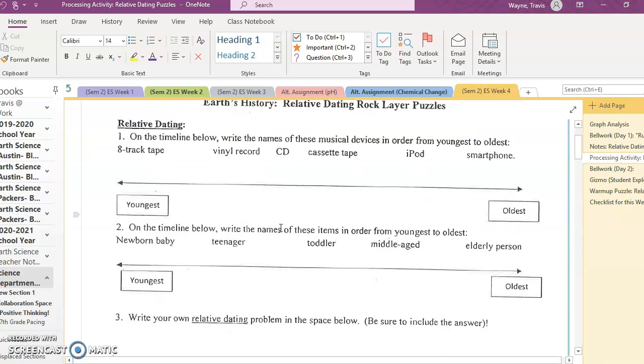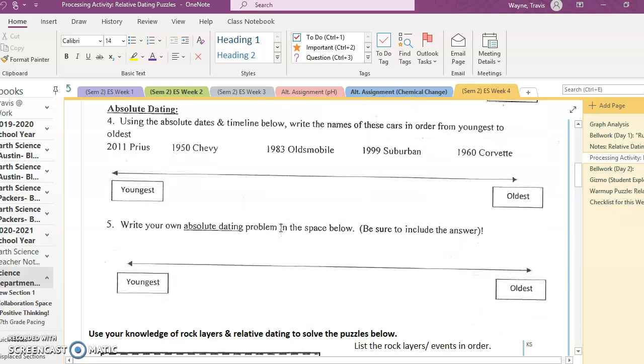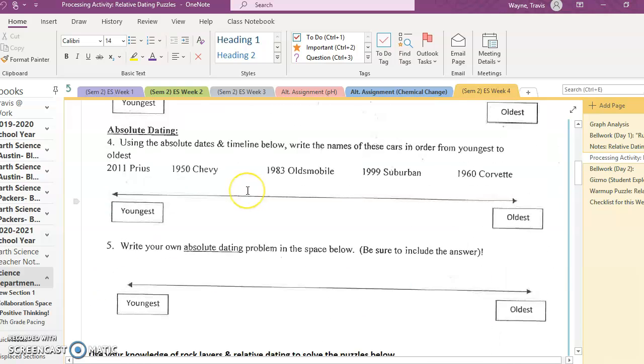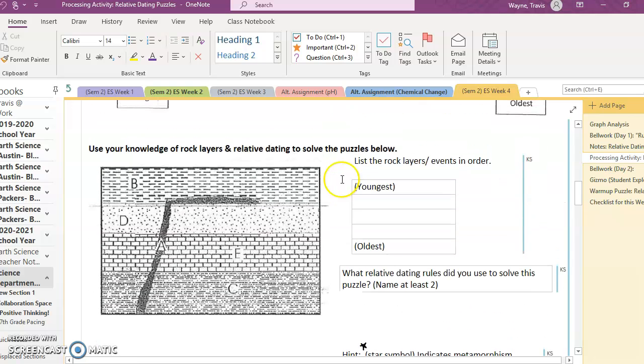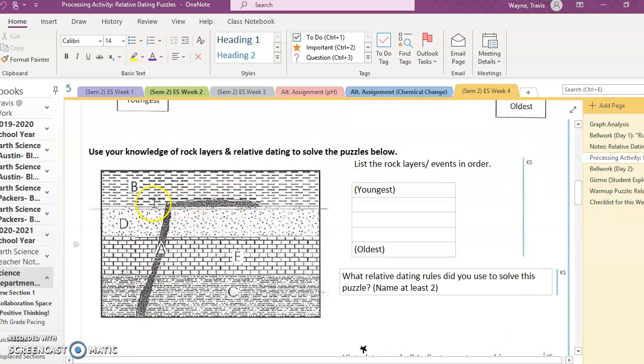And then your processing activity is going to be kind of a notes, activity, working item that we're going to work on in school here this week, which is going to focus primarily on using those relative and absolute dating rules that you guys are going to be learning about, and taking a look at some of these pictures and filling these in, actually determining what the age or relative age of these layers are.